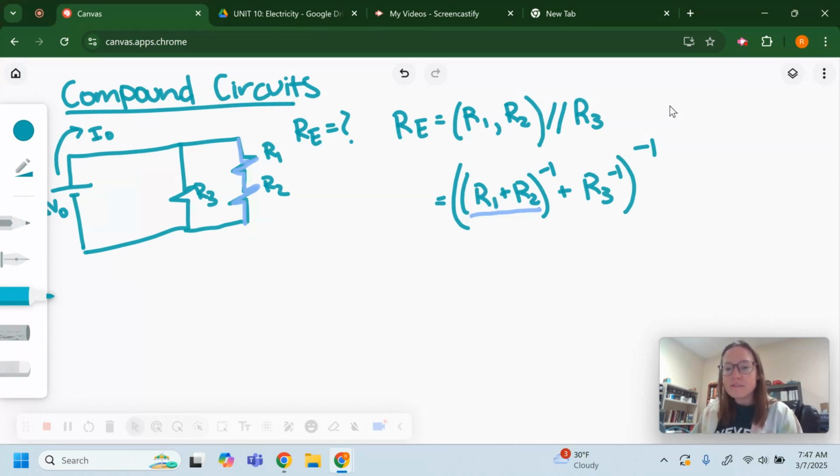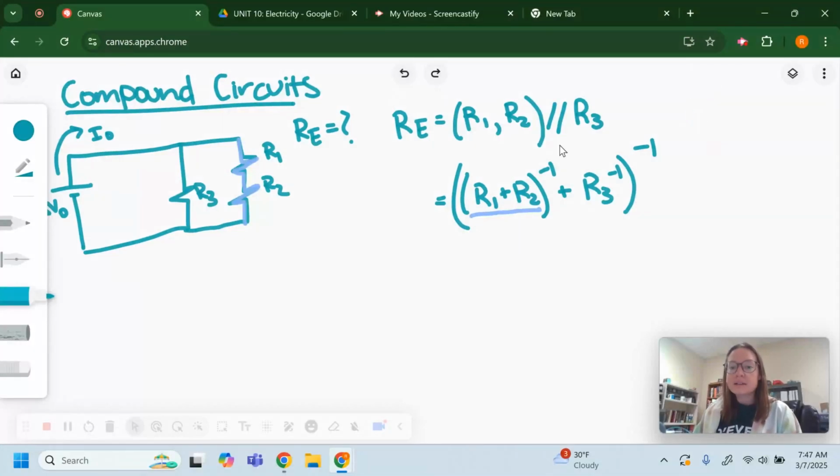It's the same way that if I just had R1 and R2 in parallel, I would do R1 to the -1 plus R2 to the -1, and then that whole thing to the -1 to show things are in parallel. Here I'm doing the exact same thing. It's just that this part that's in parallel is made up of two resistors.